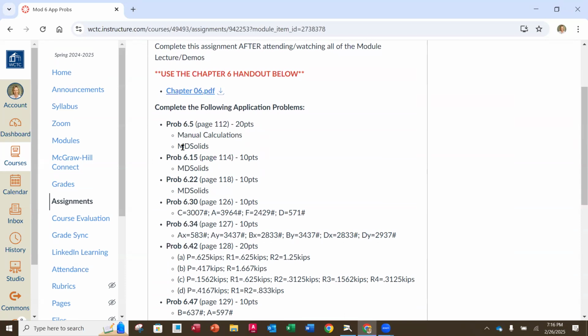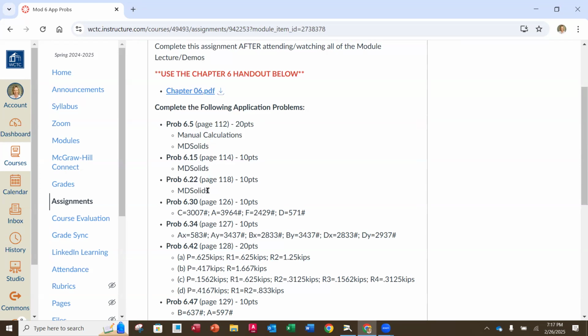Then you're going to run MD Solids and attach it. But like I said earlier, MD Solids is kind of an answer key for you. I would run MD Solids first, get your values, and then as you're working the manual calculations at each one of the joints, make sure the values for each one of your members match what you're calculating before you go to the next joint. Or if it doesn't, then do the fixes and then work through it.